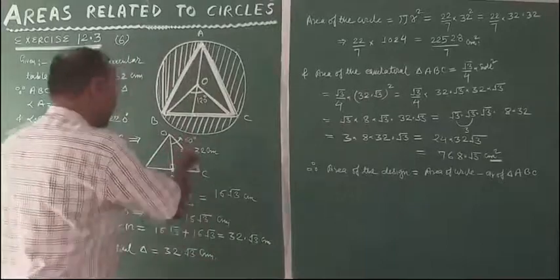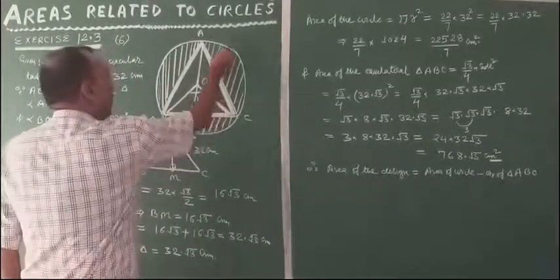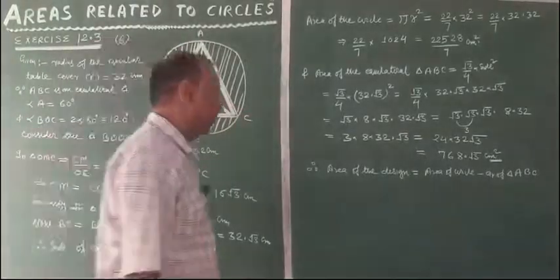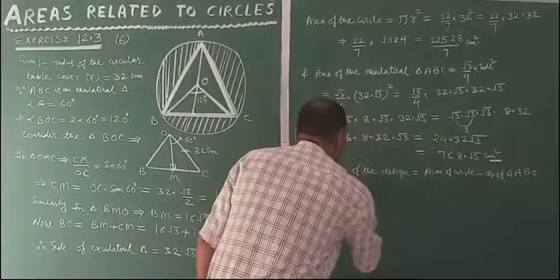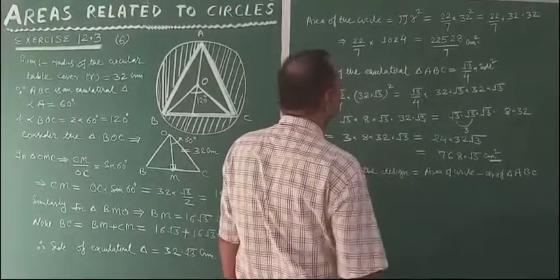This is our design. What will be the area of this design? Area of circle minus area of triangle ABC. Now do the calculation. Area of the circle is this one.